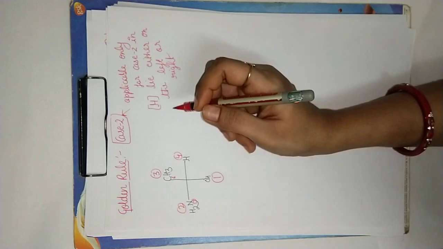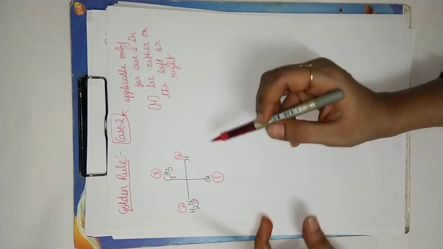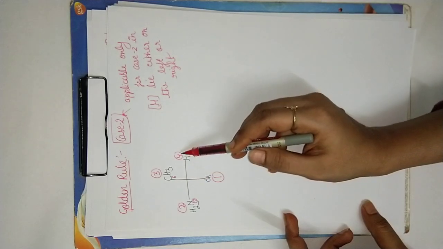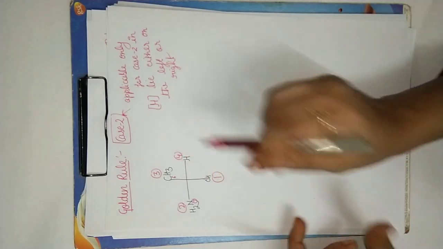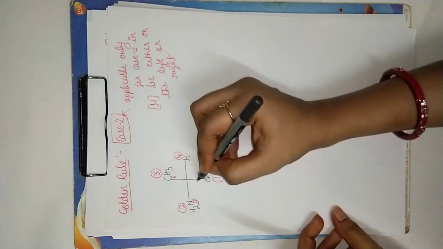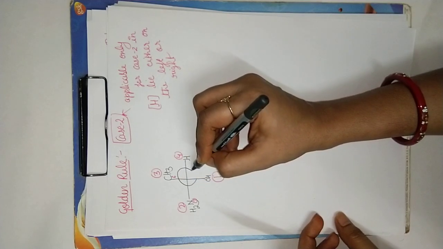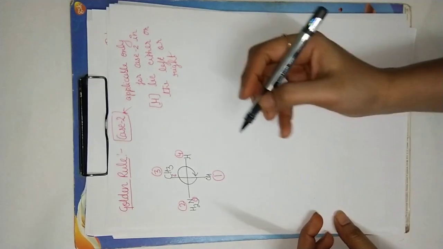According to the golden rule, there is a short trick. If case 2 is present, if hydrogen lies either on the left or right, then you can move your eye either clockwise or anti-clockwise as per the priority sequence rule.